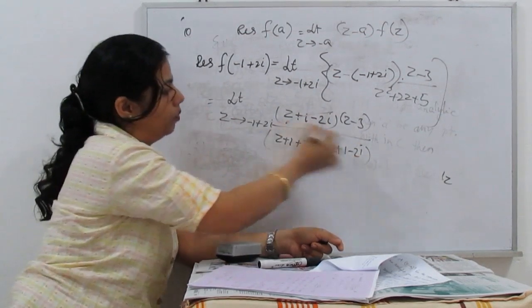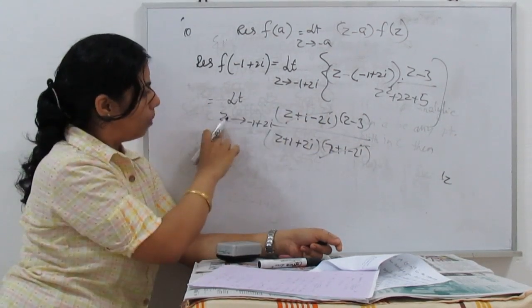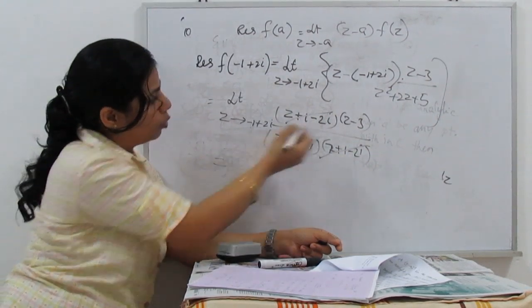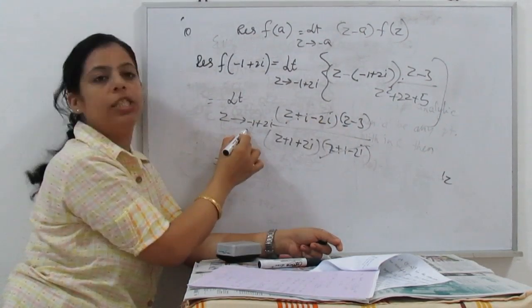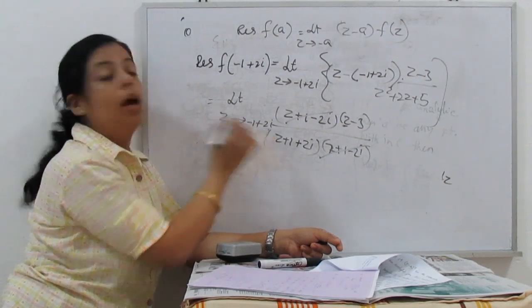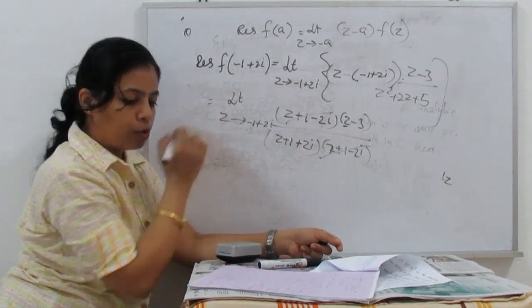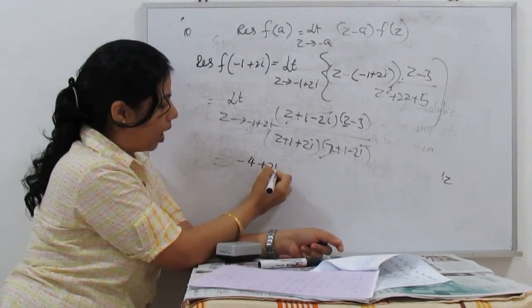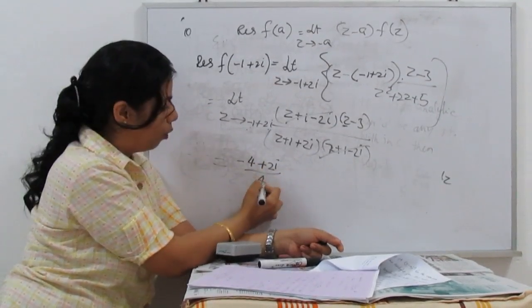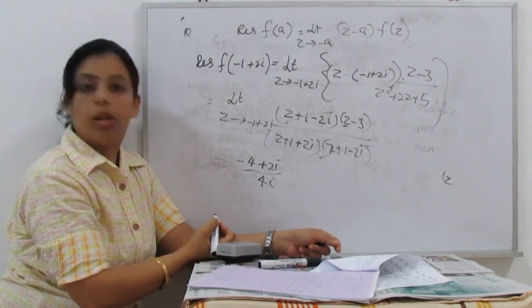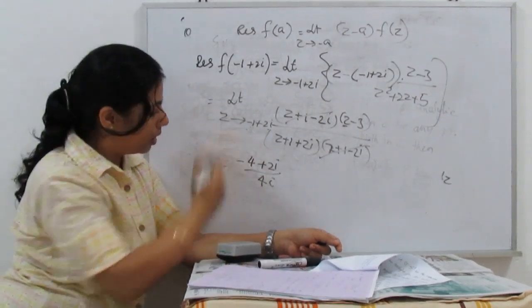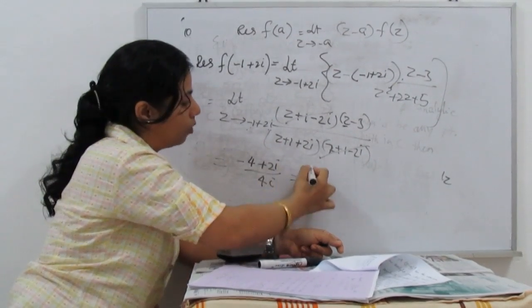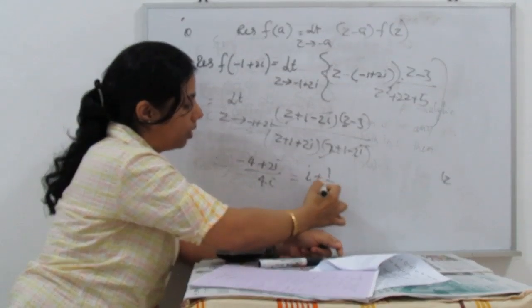Clear? So this will be cancelled out. Now apply the limit: at the place of z, you put z equal to minus 1 plus 2i. So you will get the solution (minus 4 plus 2i) upon 4i. Now remove the i from the denominator: multiply and divide by i. So finally we will get (i plus 1) by 2.